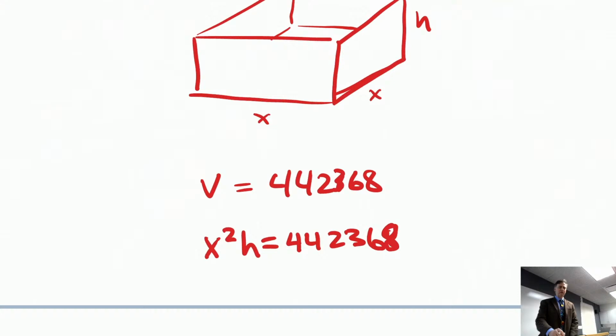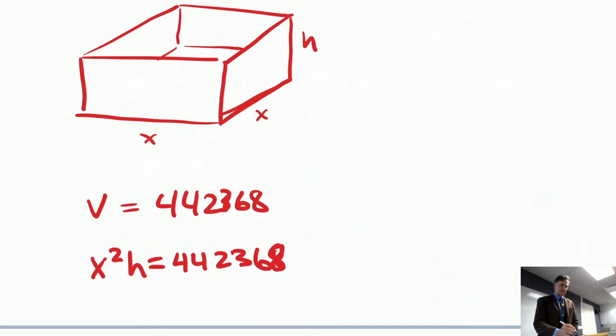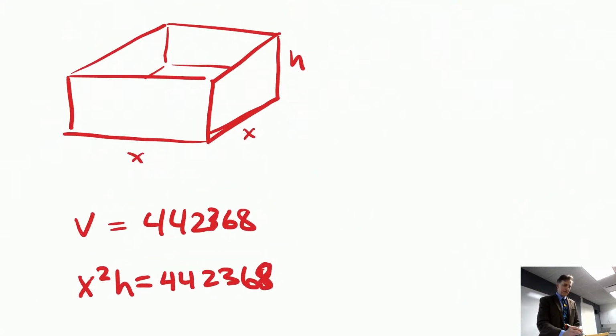Now we need to figure out how much material we're using. And so just go ahead and add up all the pieces. So first off, that piece there is x times h, is the area of that piece. But you'll notice that we have 4 pieces that are basically x times h.